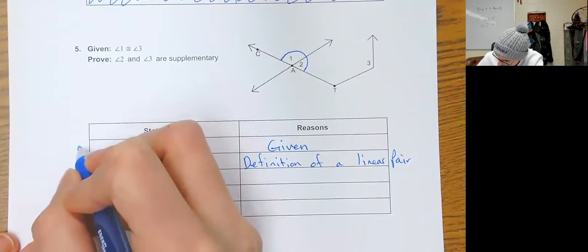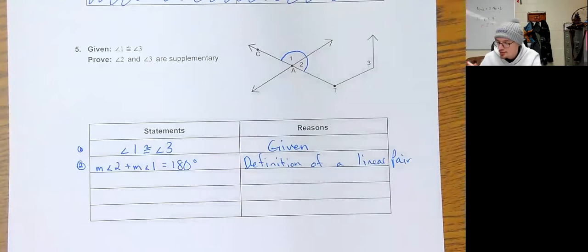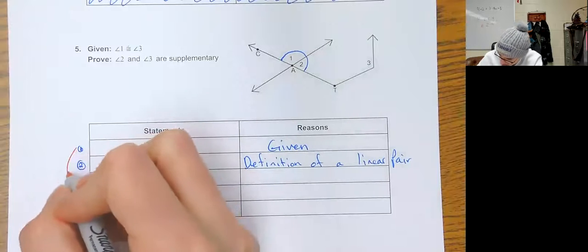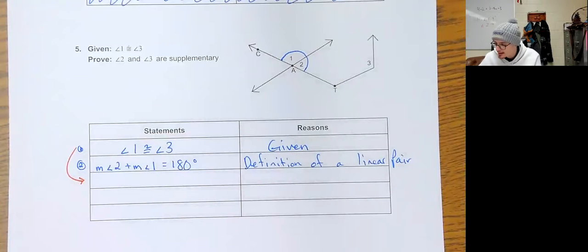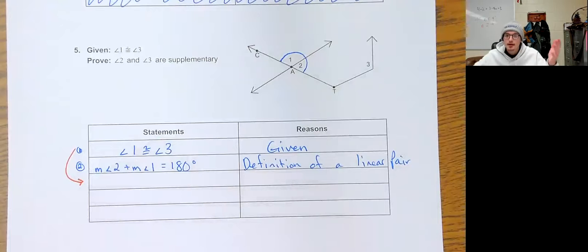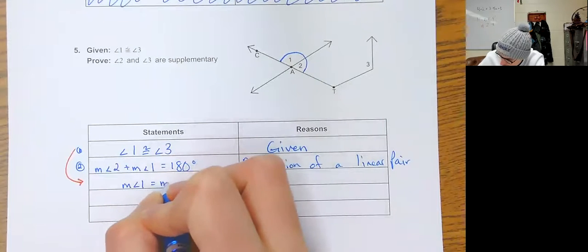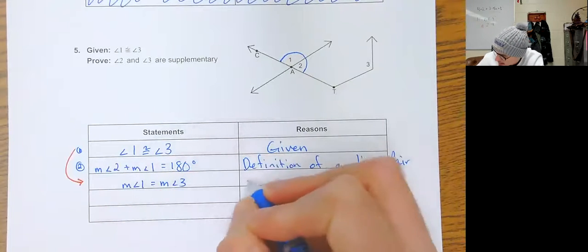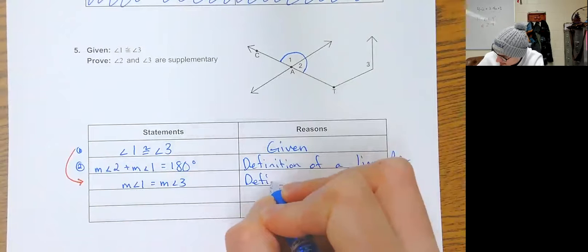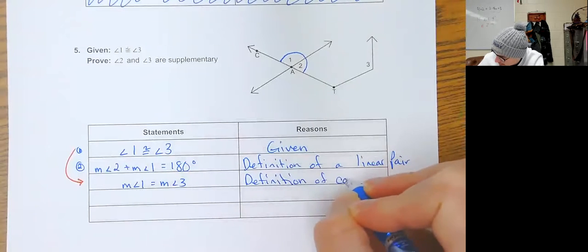I need to take step 1 and I need to change this from a congruent symbol to an equal symbol using the definition of congruence. So I can change this to be the measure of angle 1 equals the measure of angle 3. Definition of congruence.